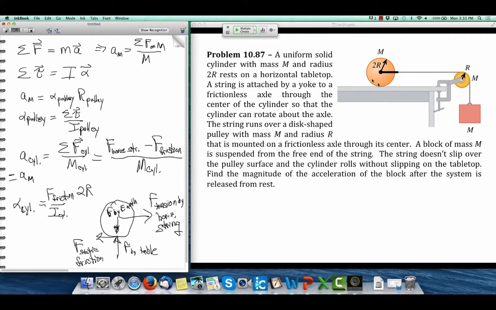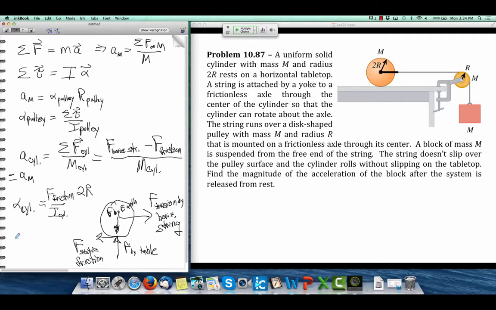The angular rotation of the cylinder, if it rolls without slipping, alpha cylinder... well, let me do it in reverse. I did it this way. I said the vertical acceleration of this mass is related to the angular acceleration of the pulley.